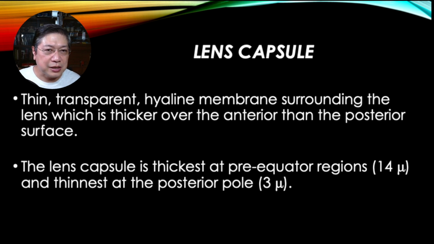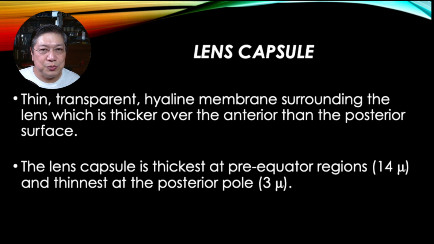During cataract surgery, the front part is removed. The intraocular lens is placed in the middle of the capsule. So with the modern techniques in cataract surgery, this capsule needs to be intact. Again, we're talking about a very, very thin membrane, about 14 micrometers, and at its thinnest, 3 micrometers.